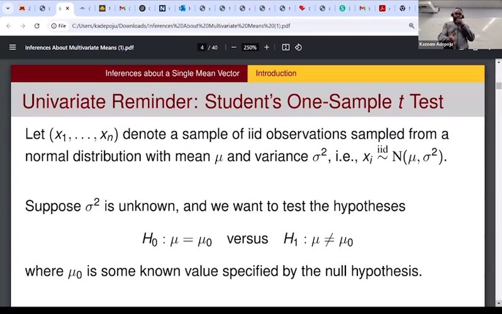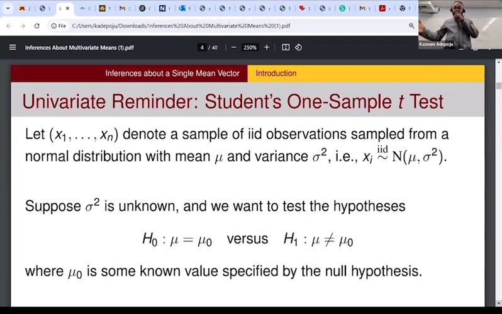Now I want to give a reminder on univariate. In the univariate case, I'm only going to focus on math, or science, or reading, one variable at a time.